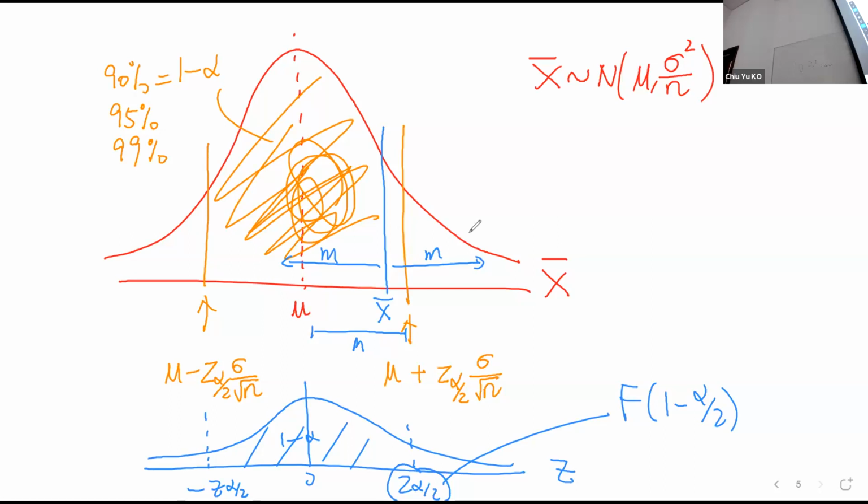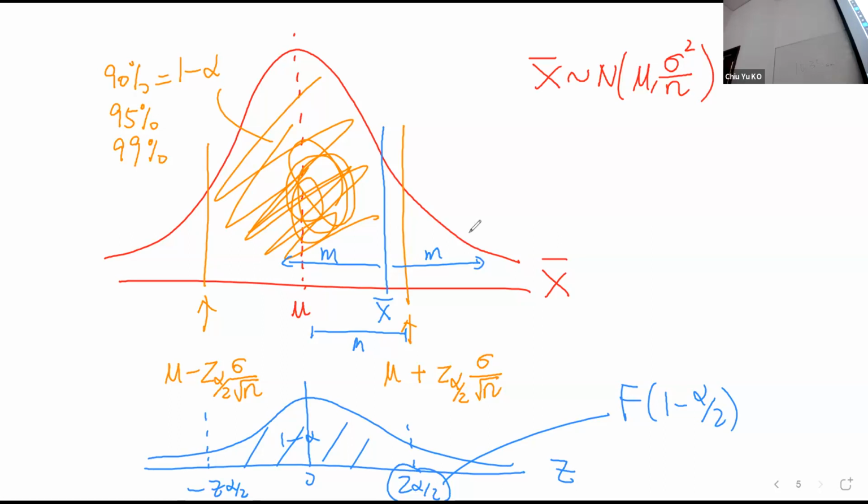And if you extend the same distance M from X bar, as long as X bar falls within this range, the interval will include mu. As long as your X bar falls within this, you extend the interval, it will include this.